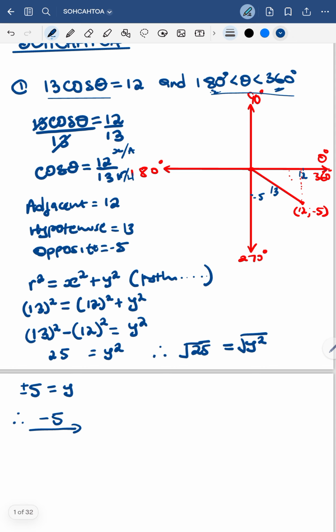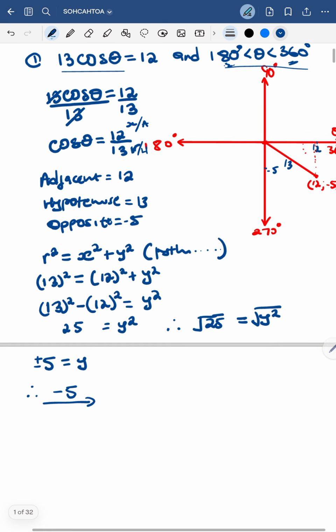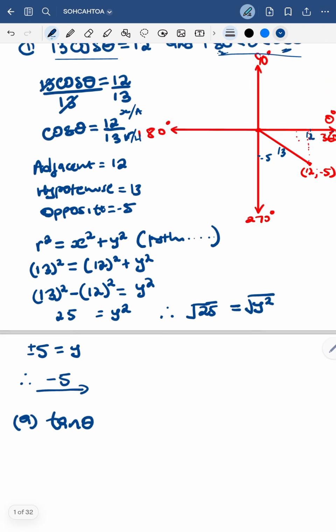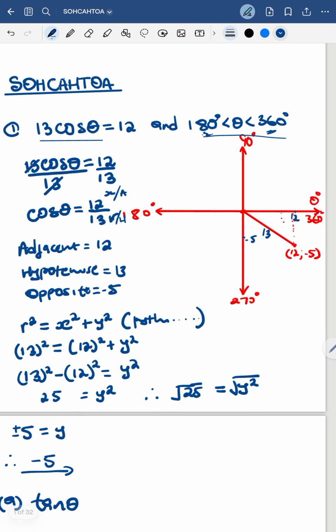So now, these are the questions that we're going to follow after this. After you got the correct sides, you are going to ask, please calculate for us tangent theta. Remember, you need to get the correct sides in all of these.